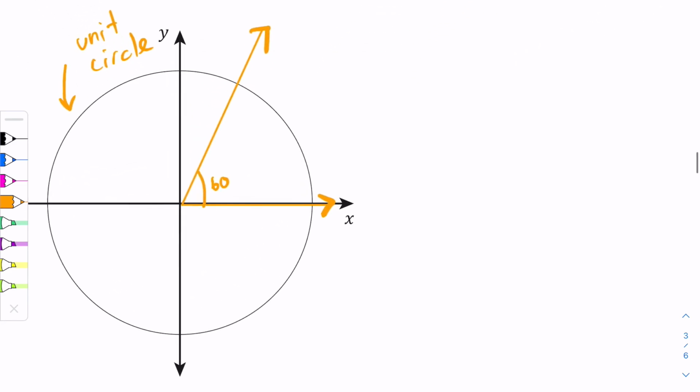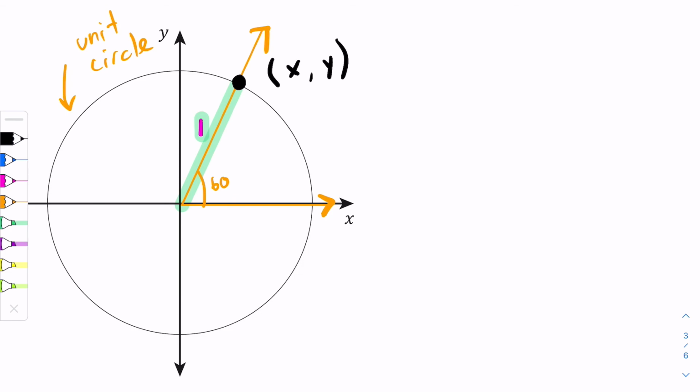Okay, so if that's located at 60 degrees, we know that the radius is 1. We know this length here is equal to 1, but we don't know anything else in order to find the x and y value. When I say x and y value, I'm talking about this point that intersects the unit circle. We're looking for x and y, but we don't have any other info to do that.